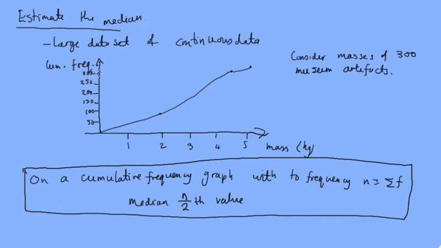So for this one, we've got 300 divided by 2 is 150. So it'll be here. So we'll take our line from here and then drop it down, and this here is our median.